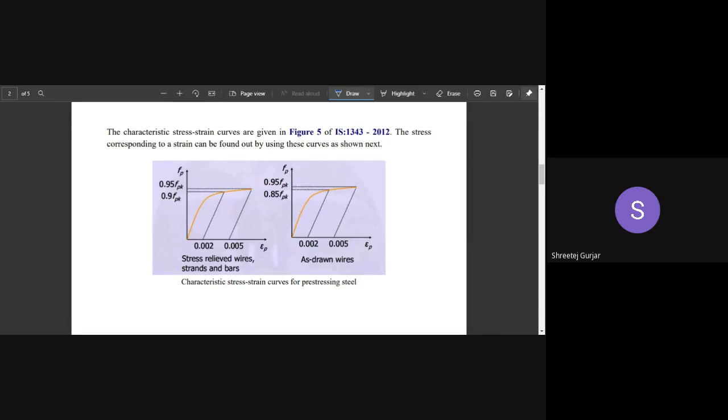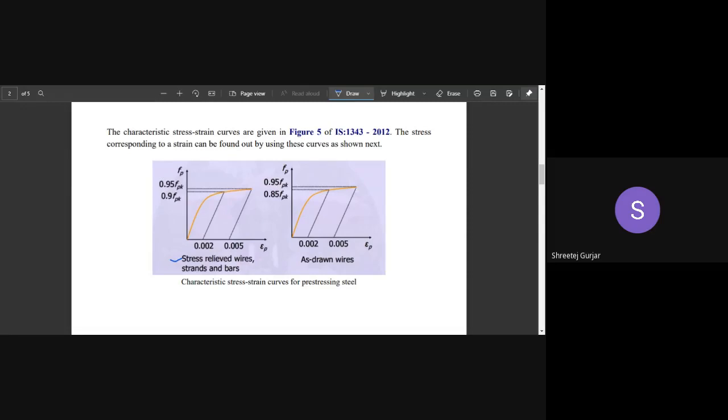So let me just explain these stress strain curves for pre-stressing steel. This first curve you can see is for stress relieved wires, bars and strands. Okay, so this curve is for stress relieved wires, wherein the stress in your steel wires, bars, or whatever it is, is relieved.